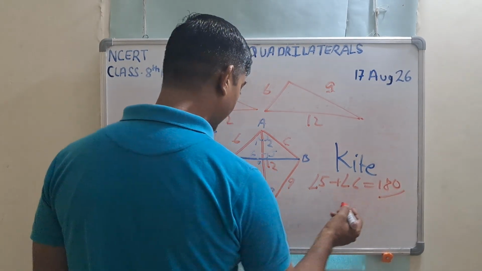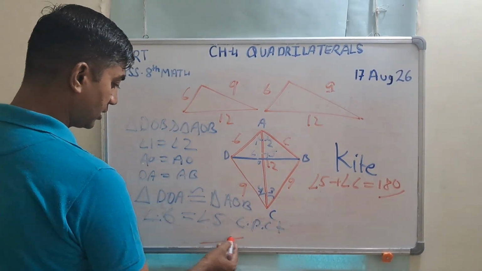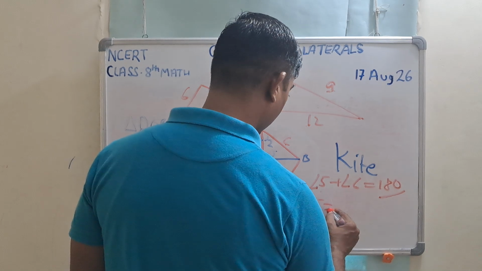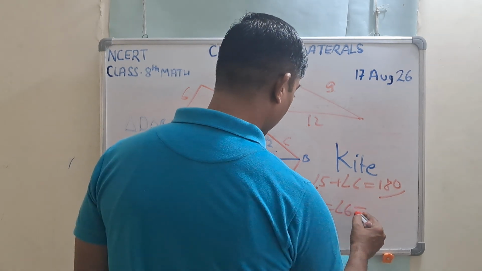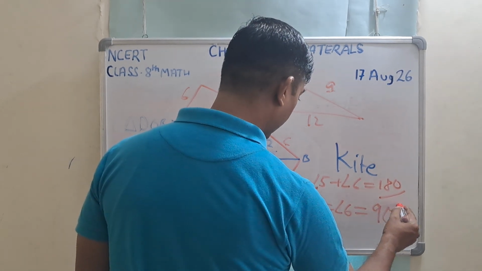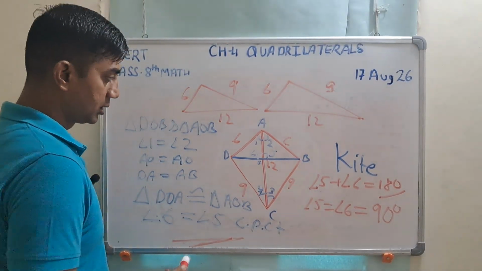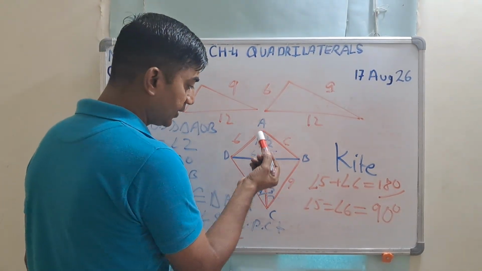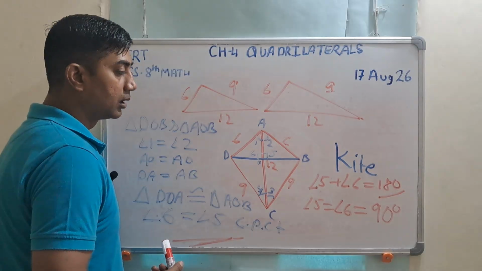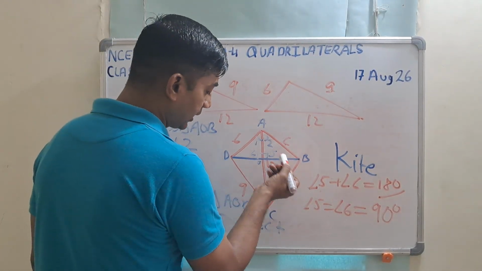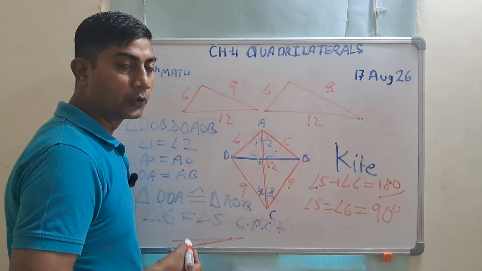When we combine these two statements, we conclude that angle 5 is equal to angle 6 and both angles are equal to 90 degrees. It means that the diagonals of the kite intersect each other at 90 degrees, or we can say that the diagonals in a kite are perpendicular to each other.